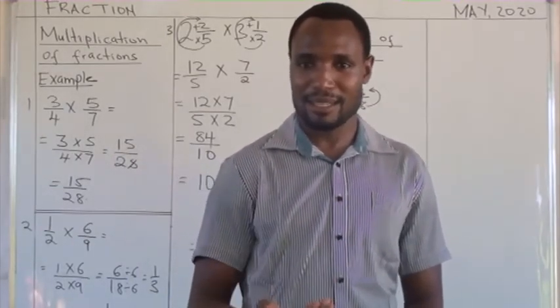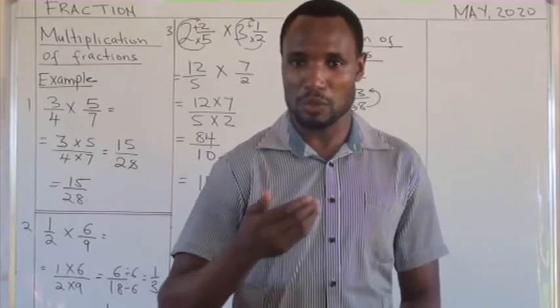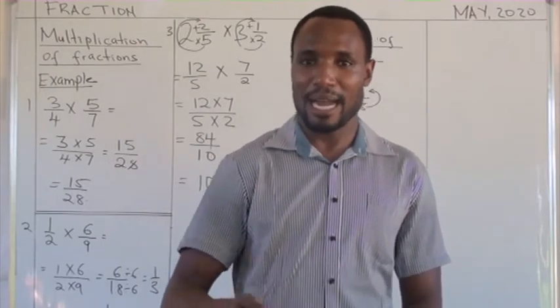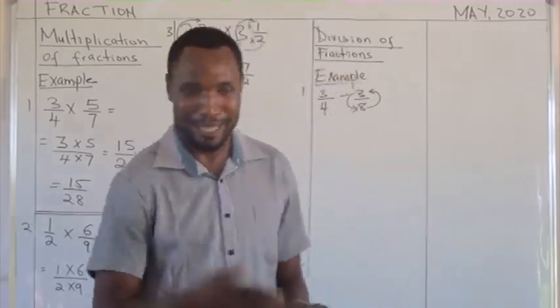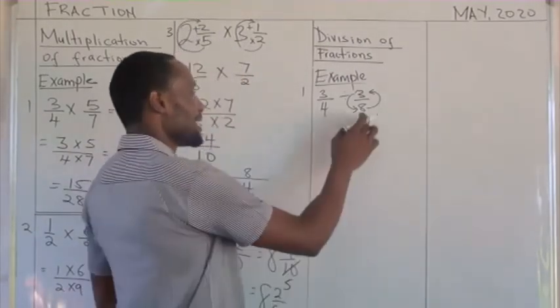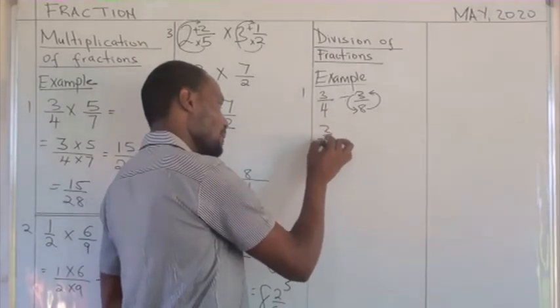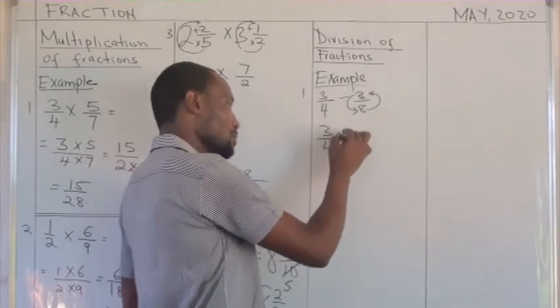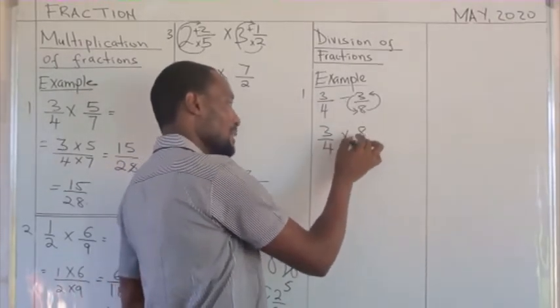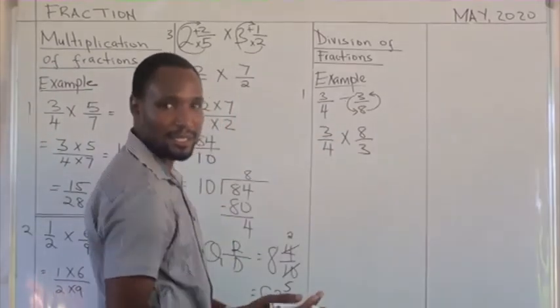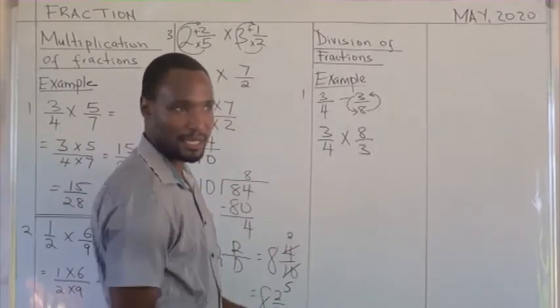I think it is easy if I say you get the upside down of a number. I believe you have understood that. That means you change the denominator to go up and the numerator to go down. That is 3 over 4. Now you change division into multiplication, and this one becomes 8 over 3. The reciprocal of 3 over 8 is 8 over 3, upside down.